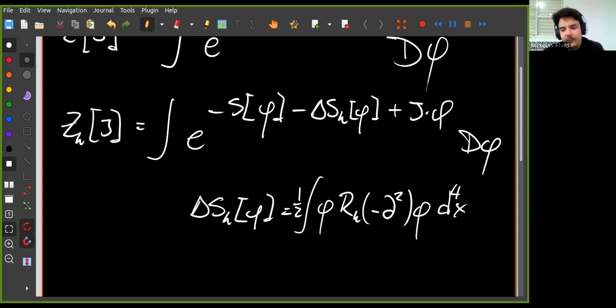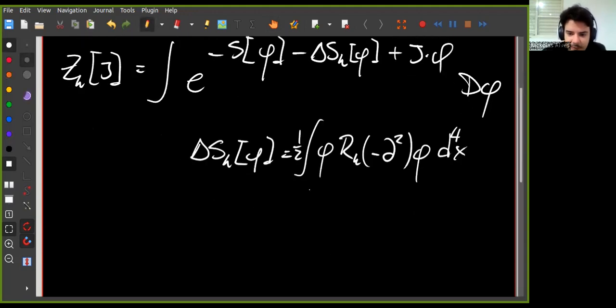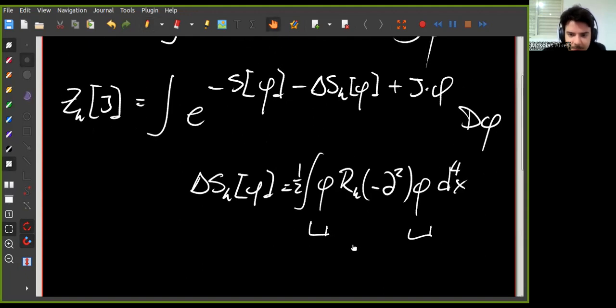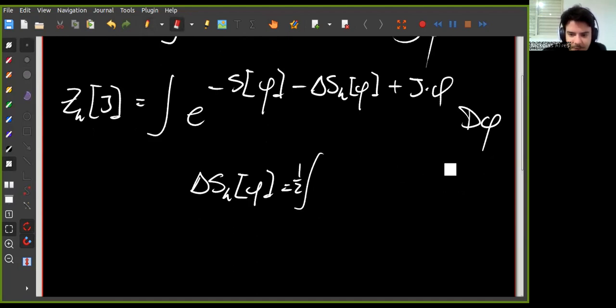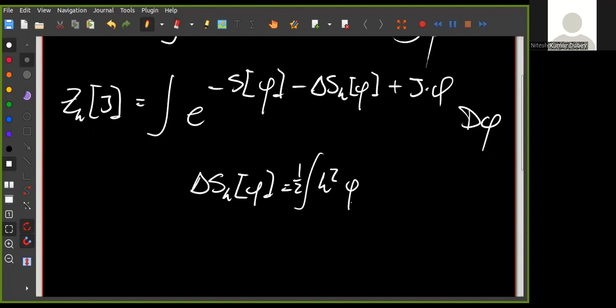So we introduce this term, which is quadratic in the field, so it resembles a mass term. And what happens here is, let's pretend this is a mass term. So pretend that this is actually k squared phi squared d^4x.